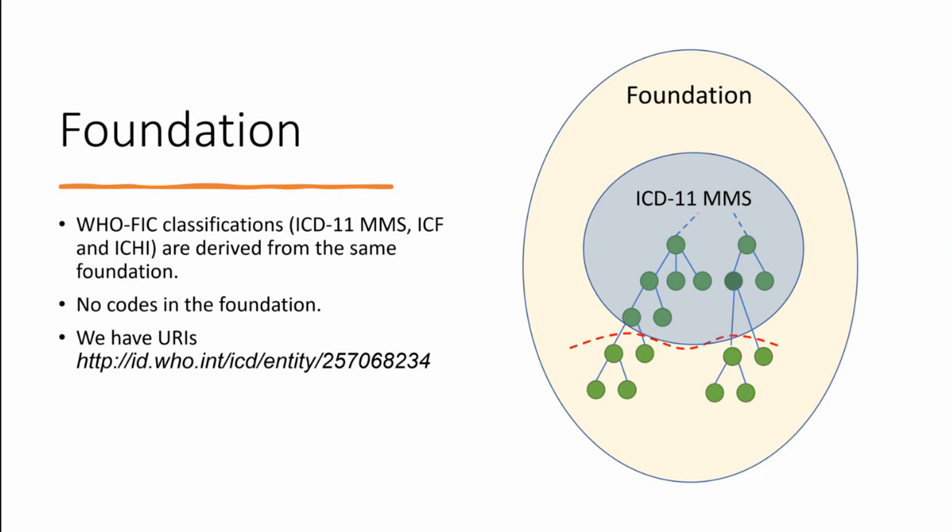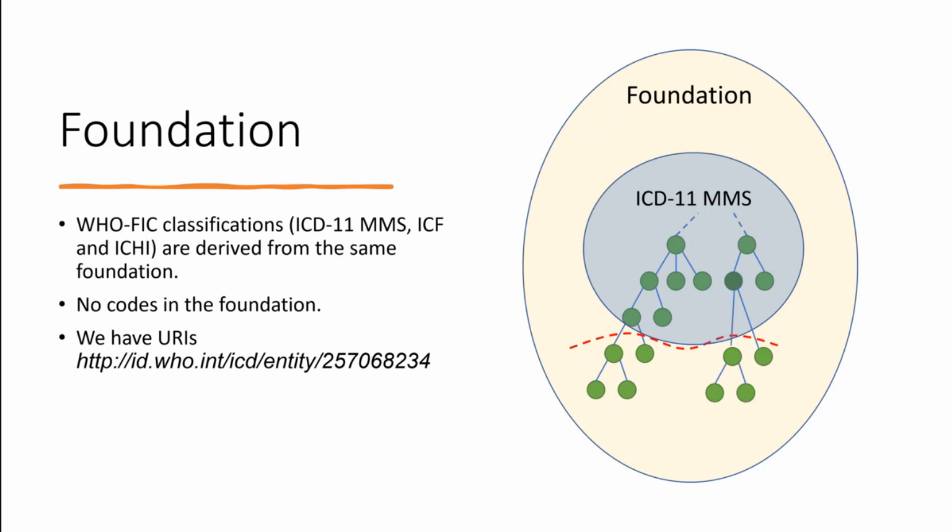Codes, even though this doesn't happen much, might change if, because of some reason, we may want to move a category from one chapter to another one because of some scientific findings and things like that. That will change its code because the ICD-11 code, by its nature, is hierarchical, and it needs to conform with the code of the parent.